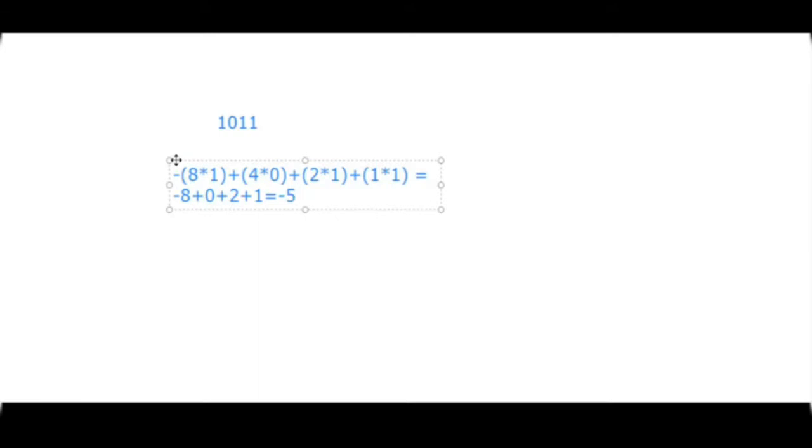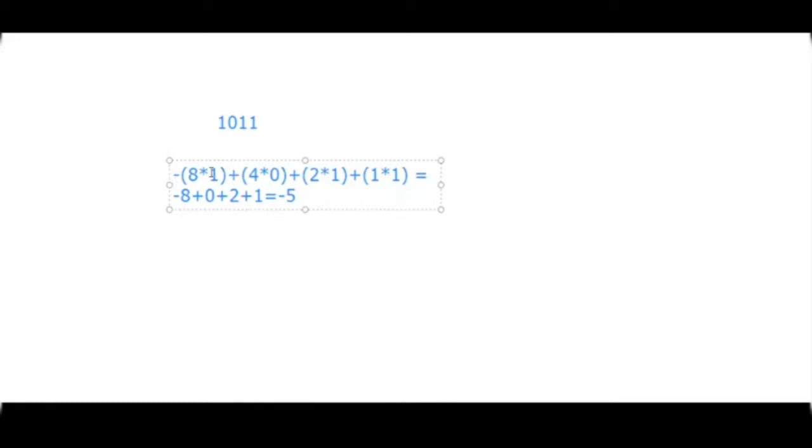So this is the second way. Normally when converting a binary number into decimal, we get the positional value and multiply it by the corresponding digit. However, for the first digit, since it's a negative number, we put a negative sign here.